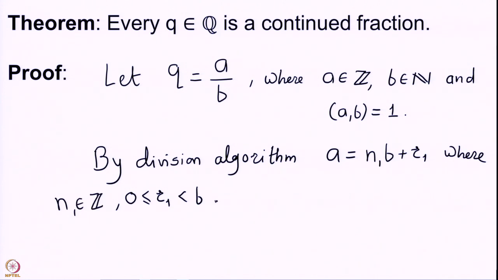The division algorithm introduced by Euclid that we have studied in our course requires both a and b to be natural numbers. But we can of course do it whenever b is a natural number and a is any integer, with the small change that the quotient can now be an integer.